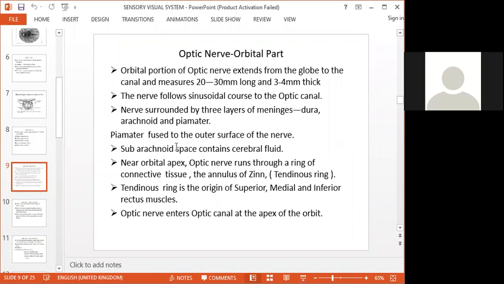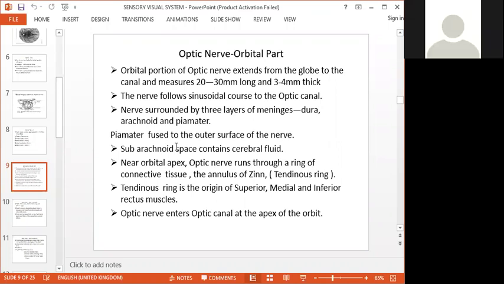Near the orbital apex, the optic nerve runs through a ring of connective tissue called the annulus of Zinn. From the orbital part, it's going through a ring to go into the intracranial part. It's a tendinous ring.